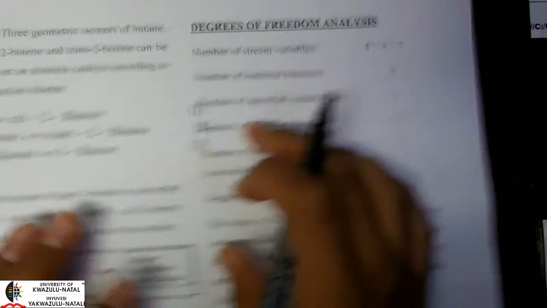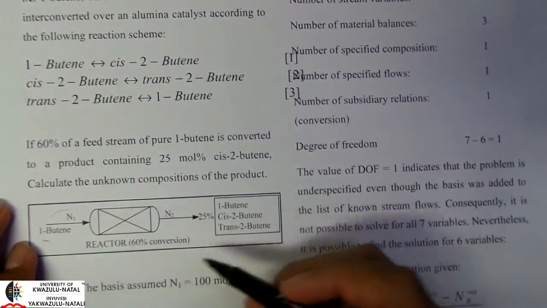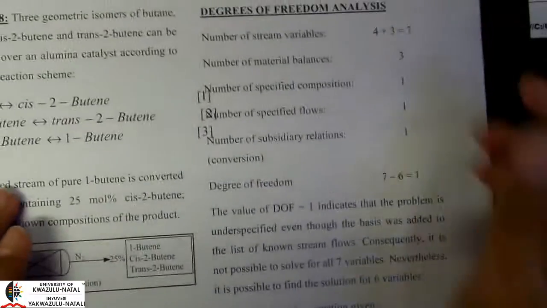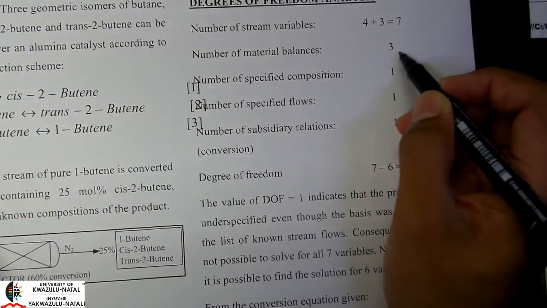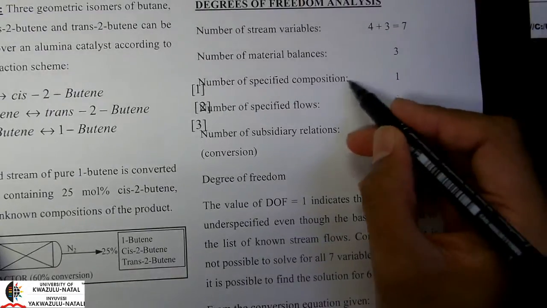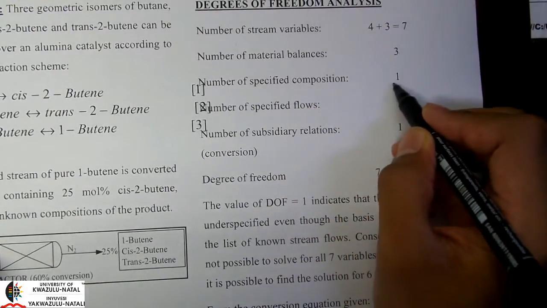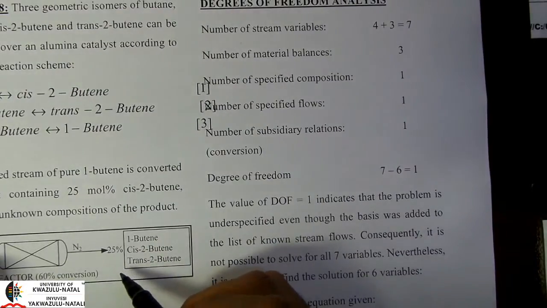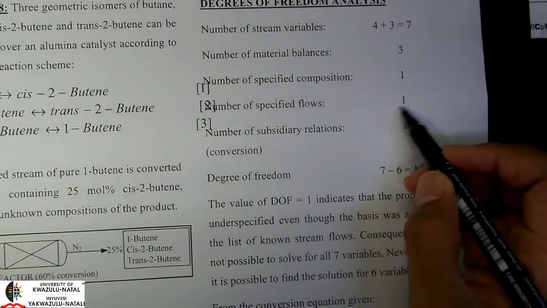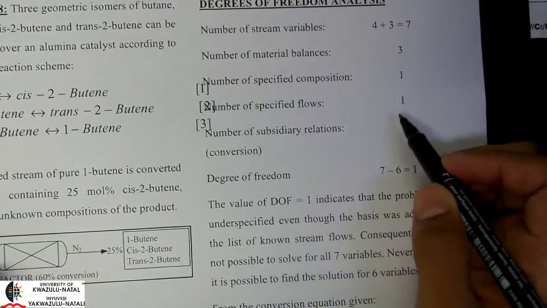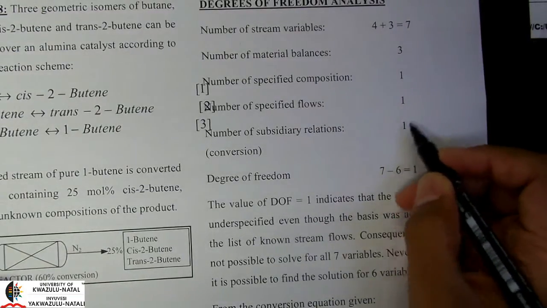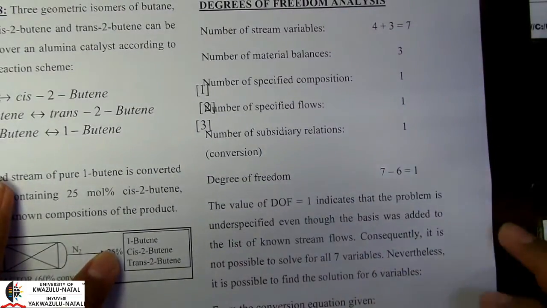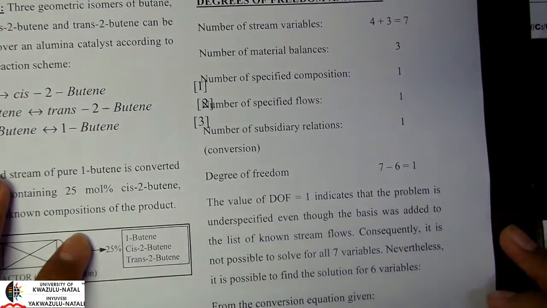There are a maximum of 3 different components associated with this reactor, so we have 3 balances. We have one independent specified composition, a specified flow, our basis of 100 moles per hour, and our 60% conversion. So we end up with a degree of freedom of 1.